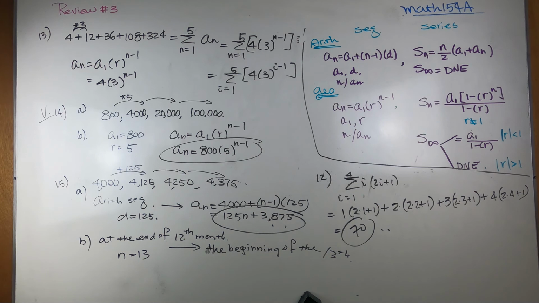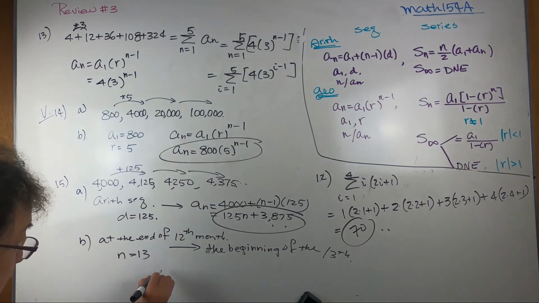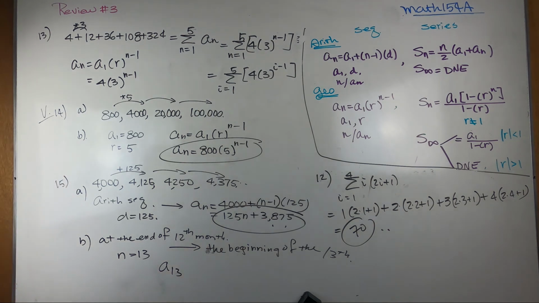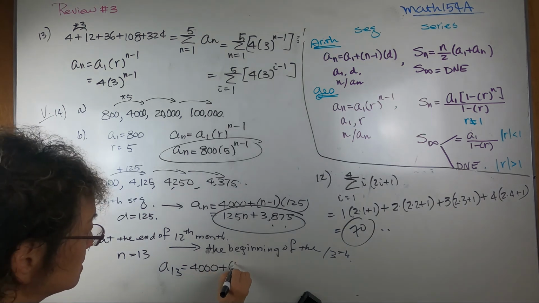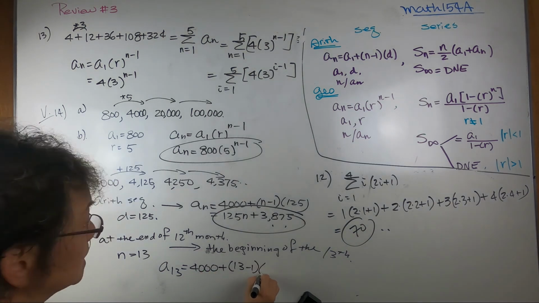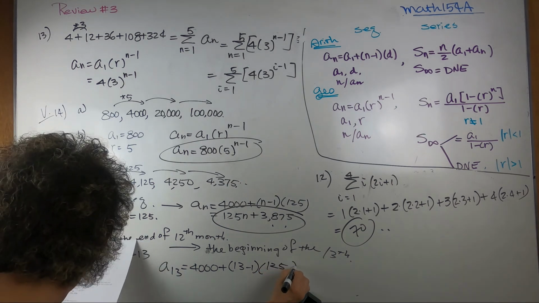All right. And so what should we do? So we should find A13, not A12. Okay, so A13 is what? 4,000 plus 13 minus 1 times 125.